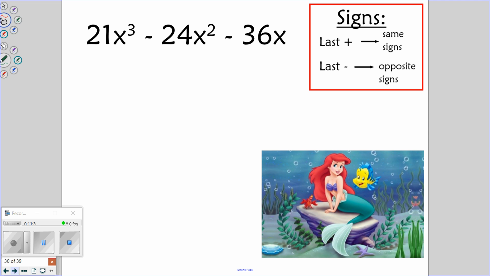Take out 3x. Nice. Yeah, and honestly, guys, so often people get so fixated on the number that they forget to look at the variables. And we always want to look for those too. But yeah, I can take out a 3x.